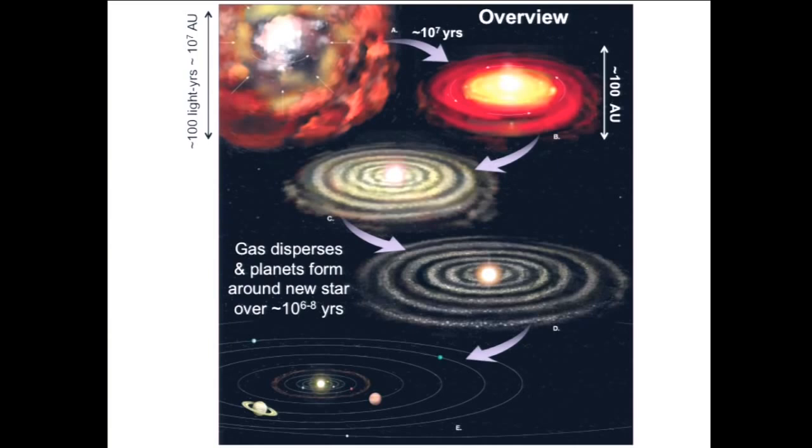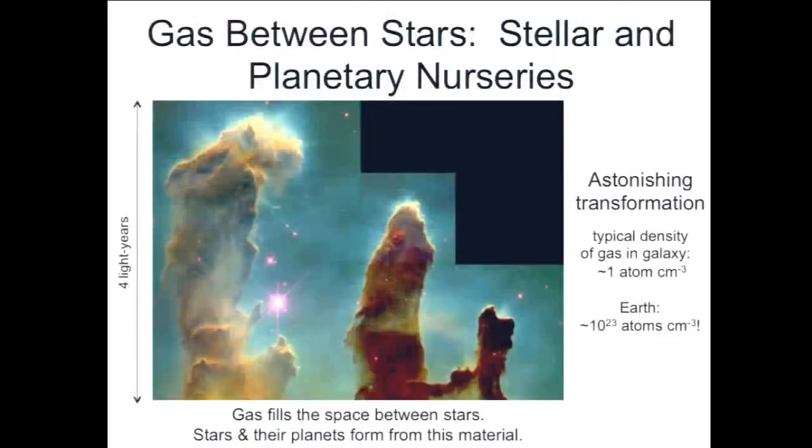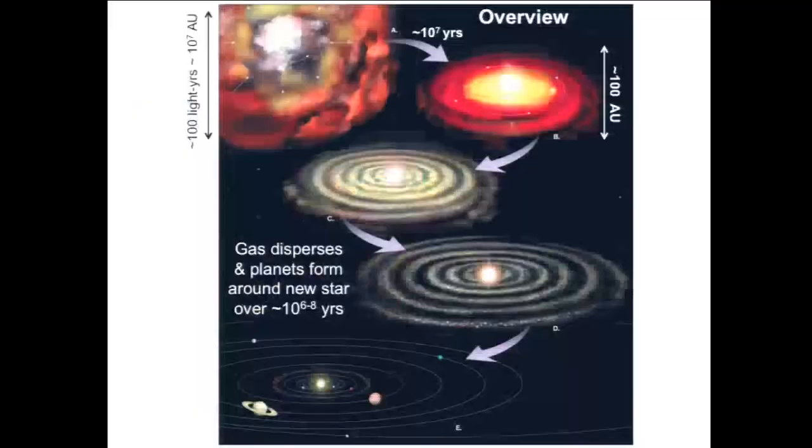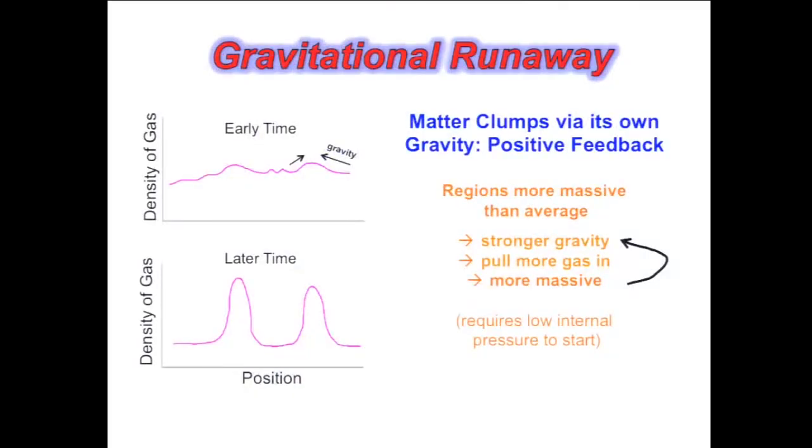Yep? Yeah, great question. So when does a cloud like this decide it's going to form stars versus just sitting there happily looking like this? And that's actually the heart of the matter. That's kind of the critical question. And the answer turns out to be a process that we call gravitational runaway. And it's very difficult for me to overemphasize how important this is.